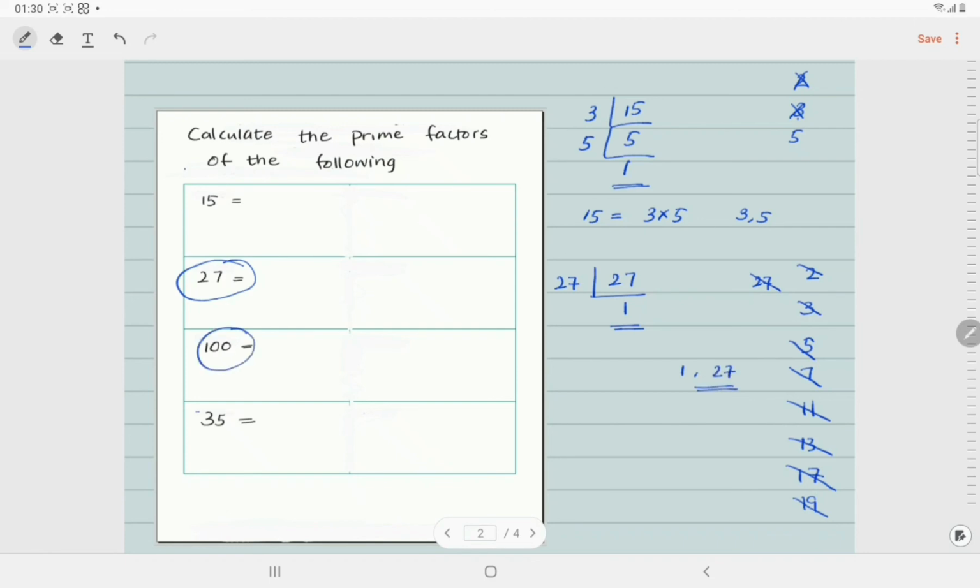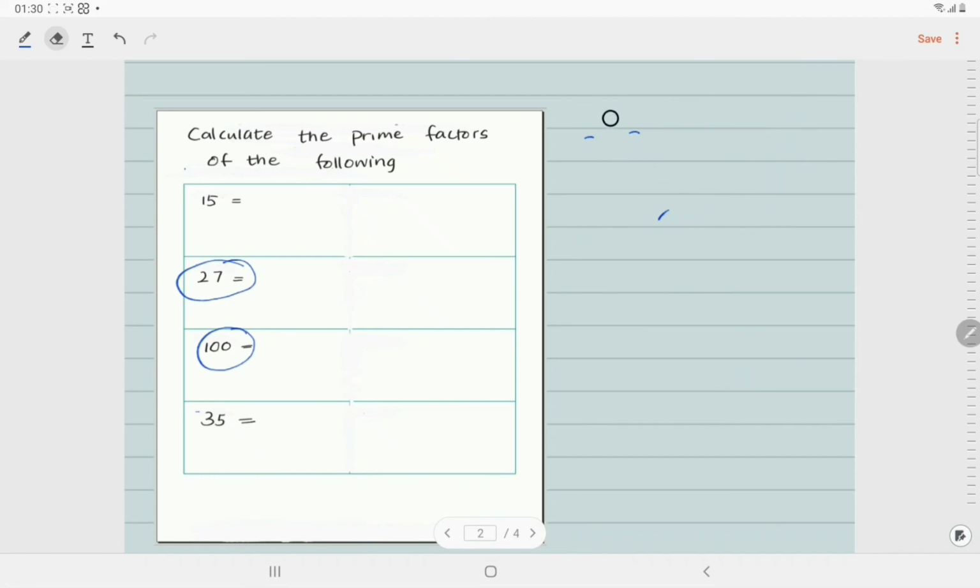Let me move to 100. If you take 100, 100 can be divided by 2. So your answer would be 50. 50 can be further divided by 2. You get 25. But we can't divide 25 by 2.